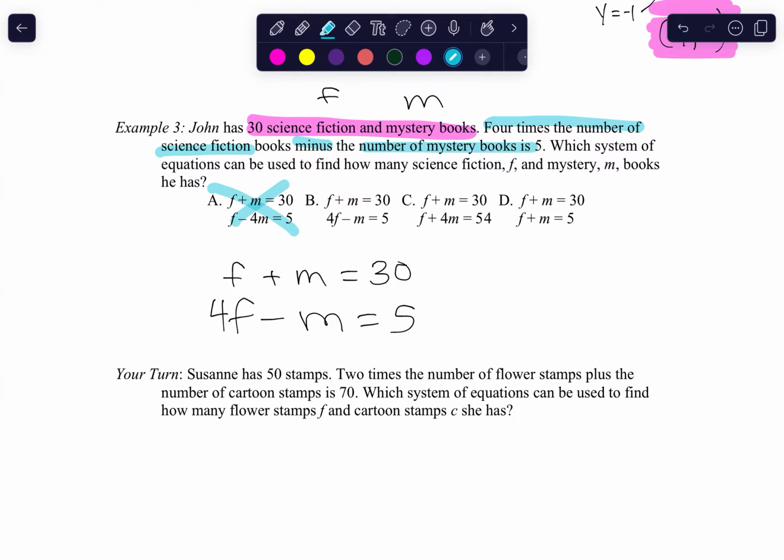So that's not it. B, F plus M equals 30. That matches. 4F minus M equals 5. That one looks like it's right. But let's double check. The next one, no, because it has an addition sign. And the last one's not right because they both say F plus M. All right, so take a moment, try this last one. Again, pause the video, try it, come back.